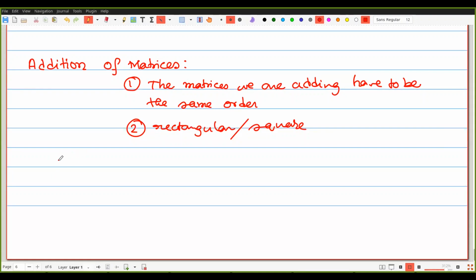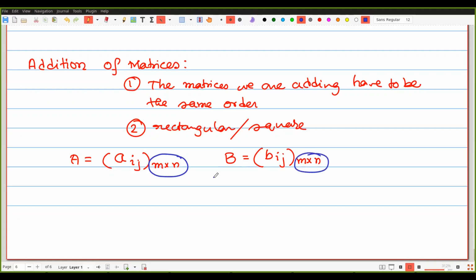In short notation, suppose we have A equal to Aij of order m cross n, and we have another matrix B, that is Bij of order m cross n. So the very first one, the order of the matrices is the same, so addition is possible.